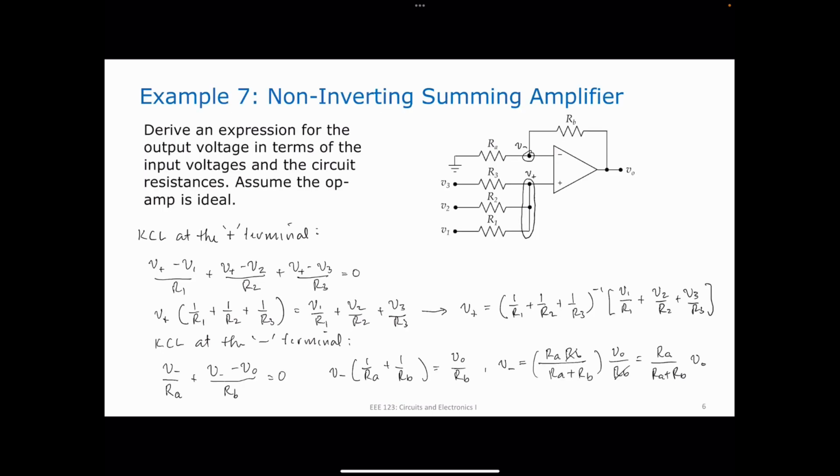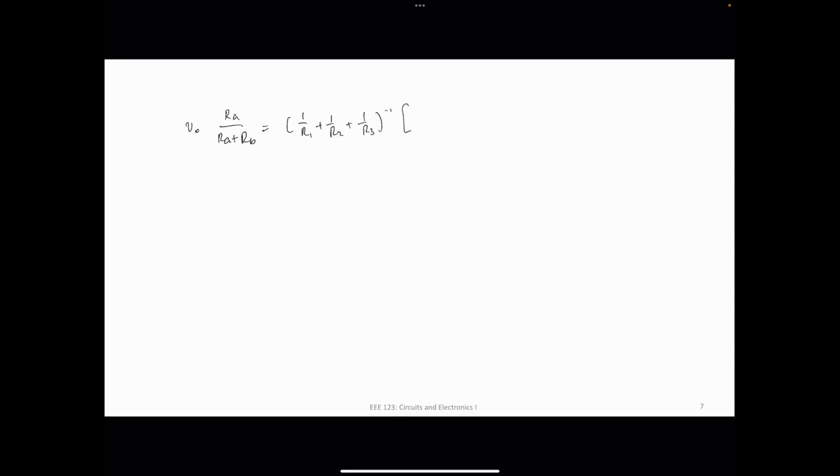This is (1 over R1 plus 1 over R2 plus 1 over R3) raised to the minus 1, times V1 over R1 plus V2 over R2 plus V3 over R3.